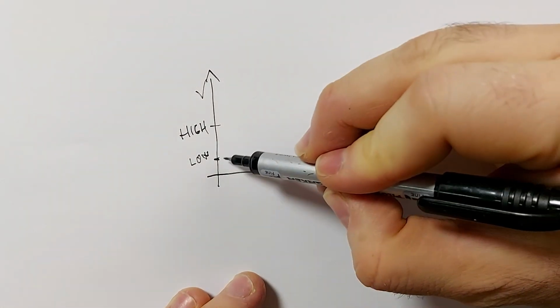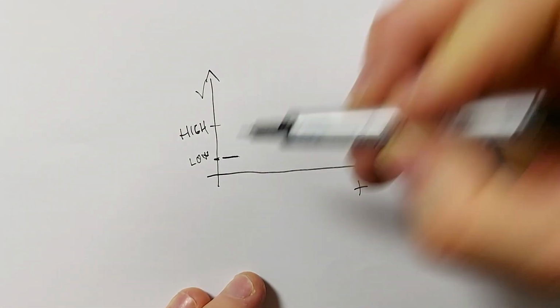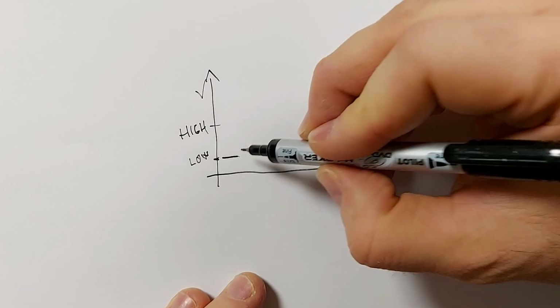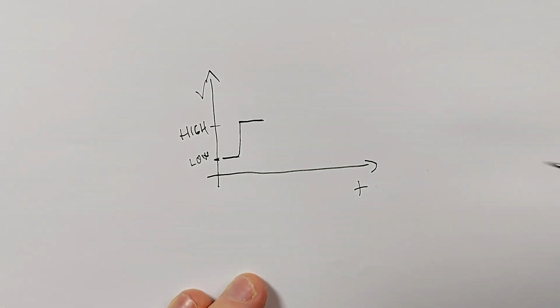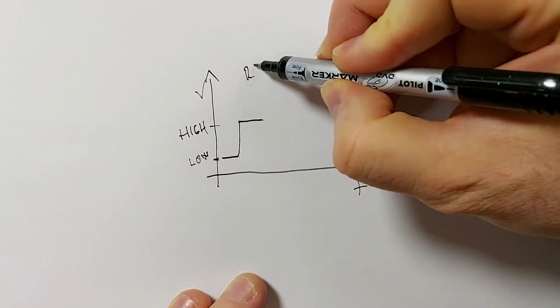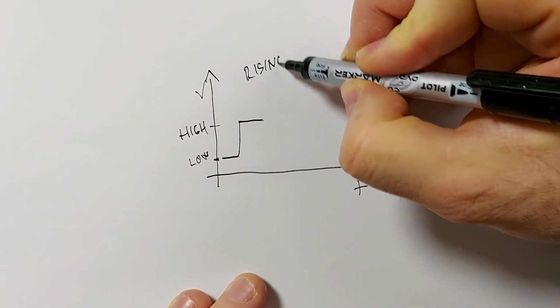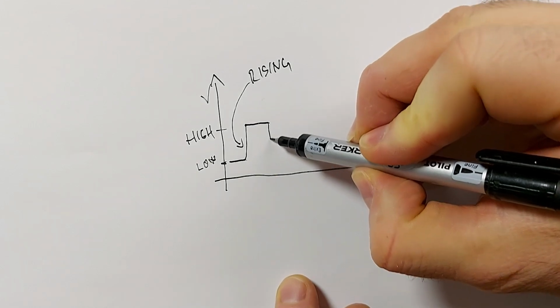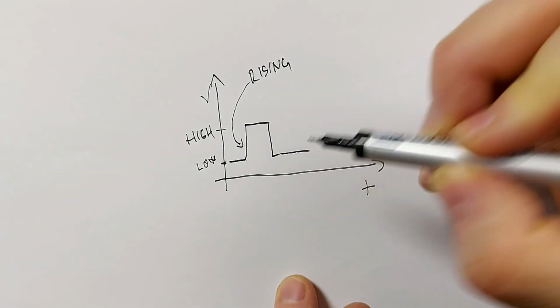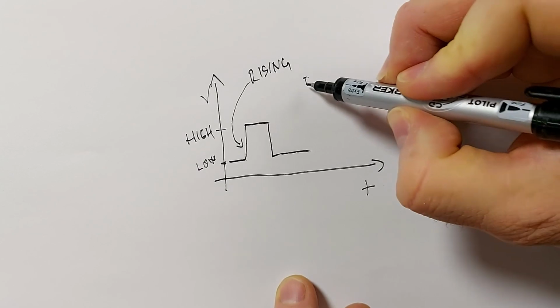If you have a signal which is low on a specific pin and becomes high and stays that way, this is rising, because it goes from low to high. If you have a high signal and then it falls down to low, this is falling.